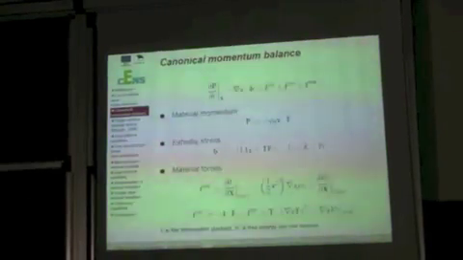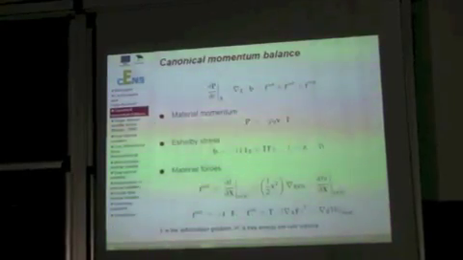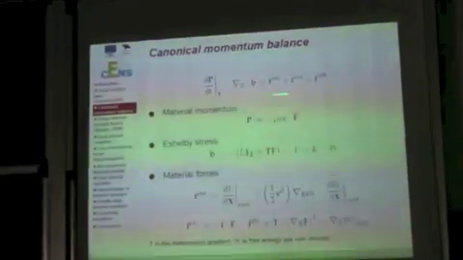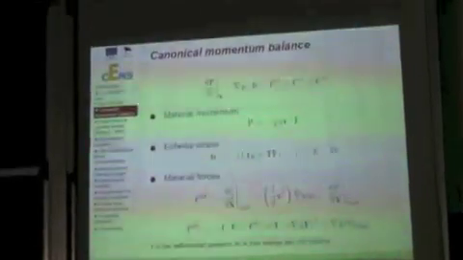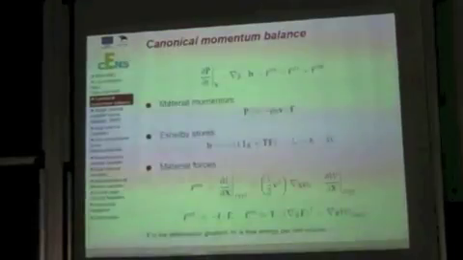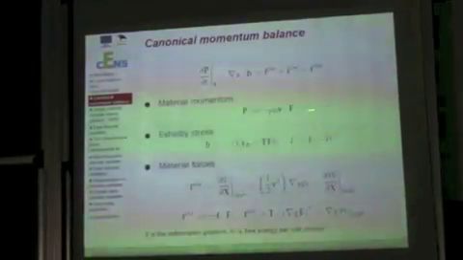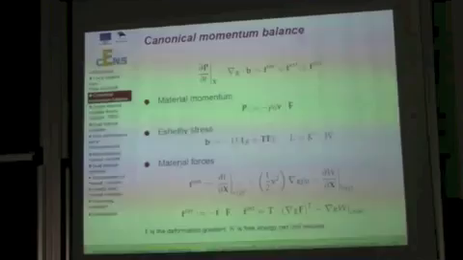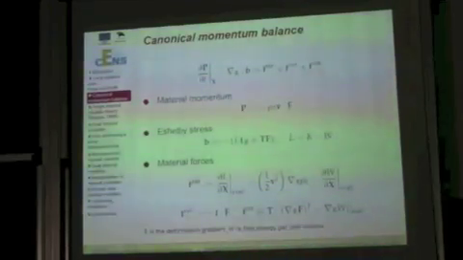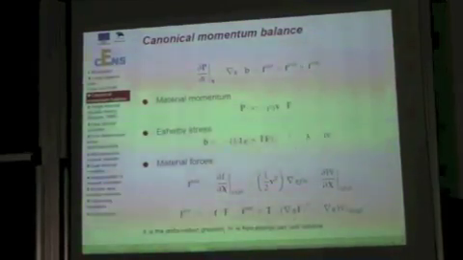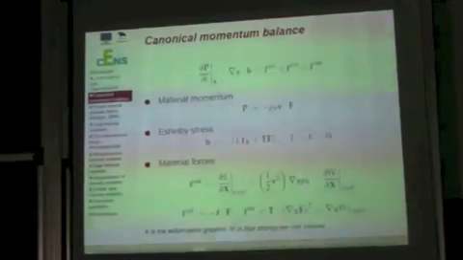So next we go to the material formulation of continuum mechanics, and the main thing is the canonical balance of canonical momentum, or material momentum, which is here. It is the linear momentum multiplied by the deformation gradient, and the sign is for convenience only.